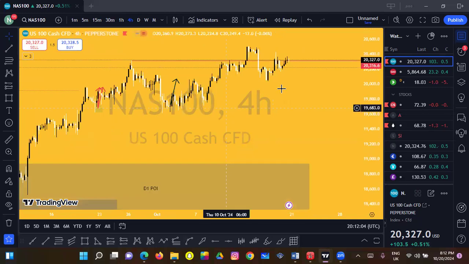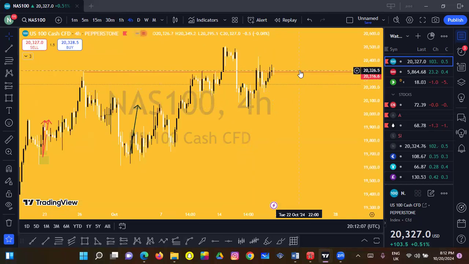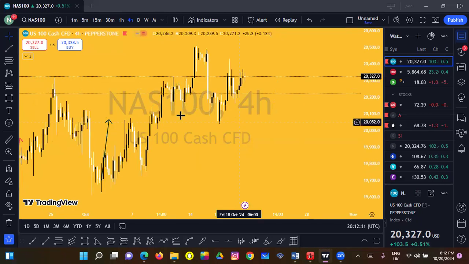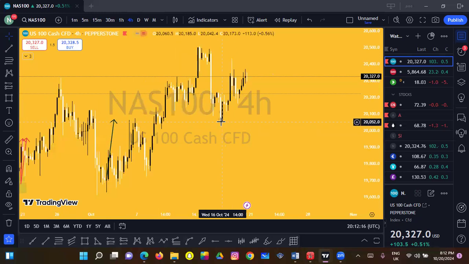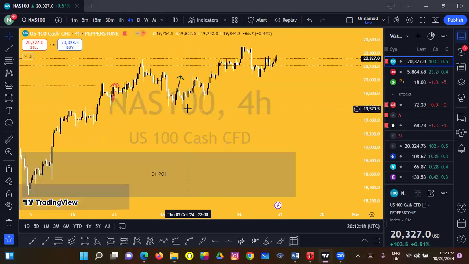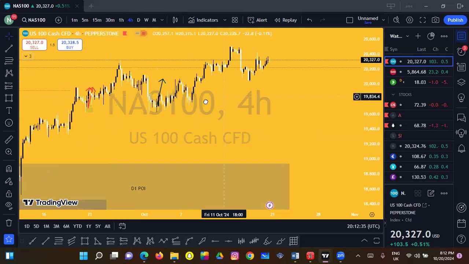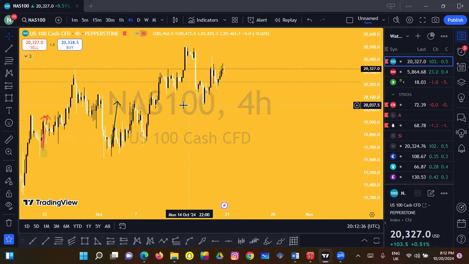All right. So on the 4 hour time frame, the market tapped into this other block. All right, so looking at this, Nasdaq is still supposed to move to the upside.